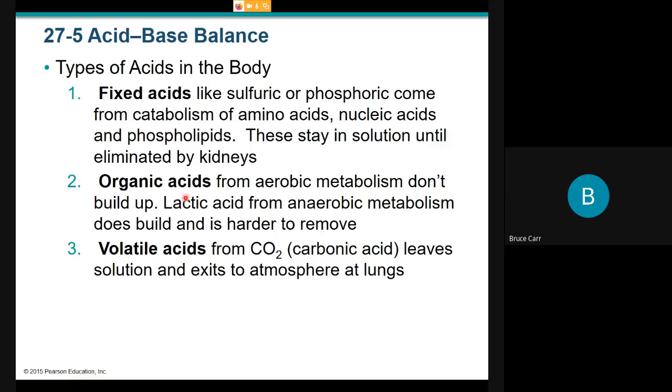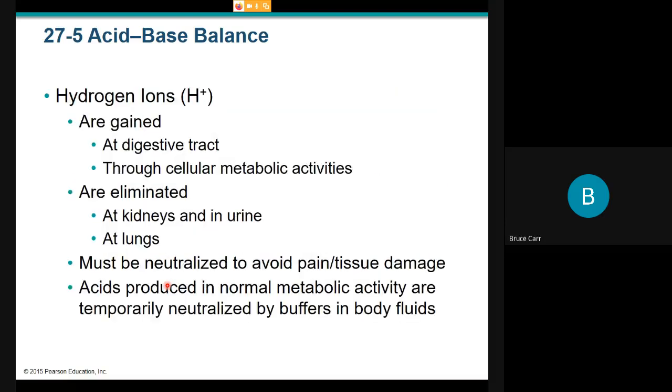But normally, these organic acids from aerobic metabolism, CO2, we are busy transforming them to the bicarbonate carrier, moving them to the lungs and breathing them out, secreting the excess into the urine and removing it by excretion. Volatile acids from CO2 are a special category, and their exit is part of our pH metabolism.